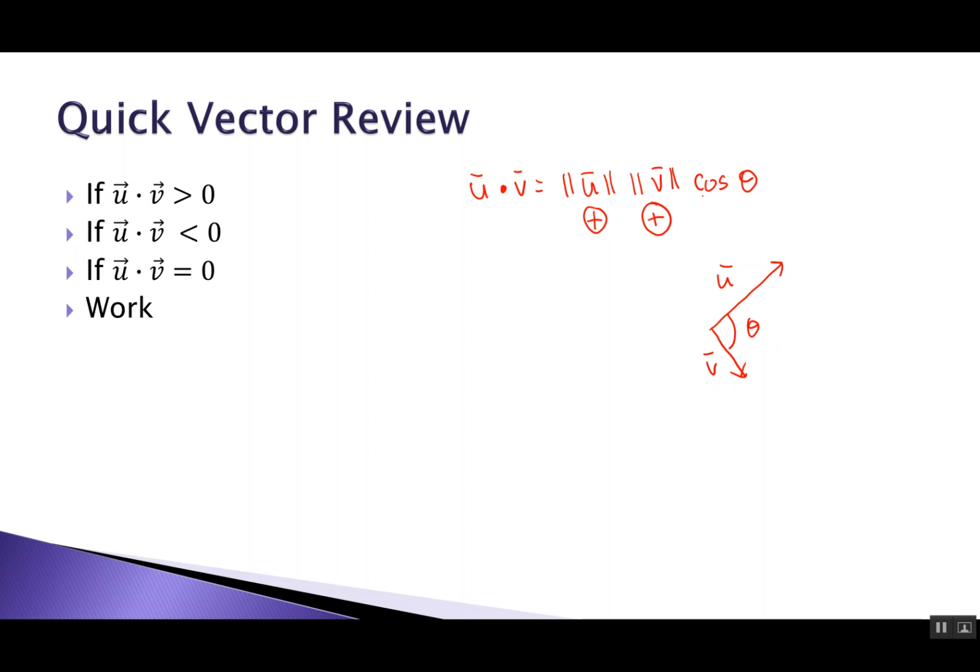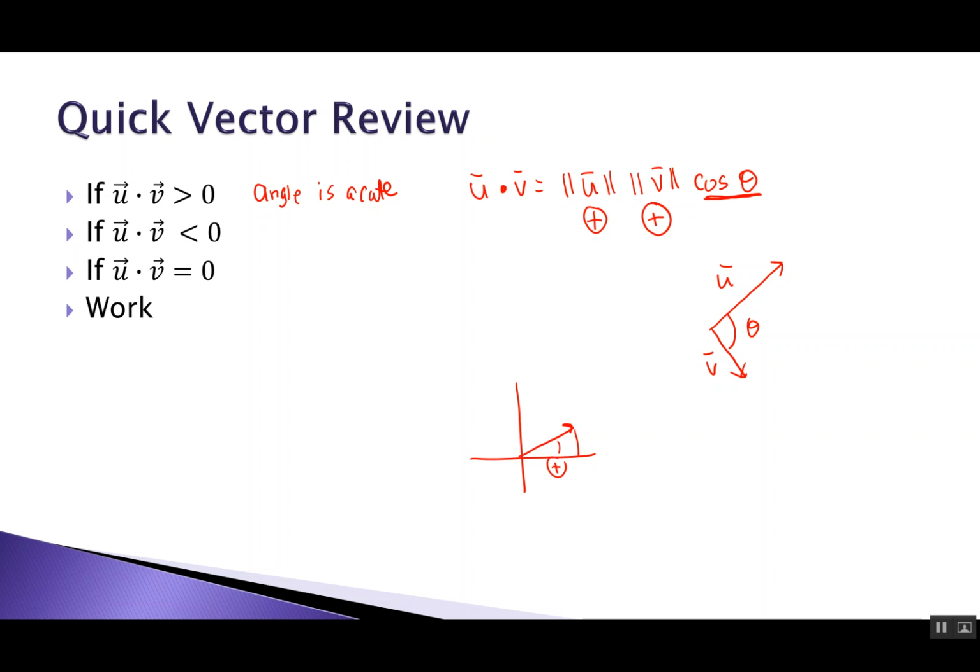So really, if you get a positive or negative result from dotting two vectors, it's all due to the angle between them. If you dot two vectors and get a positive number, that means the angle between them is an acute angle, because if you have an acute angle less than 90 degrees, the cosine will always be a positive number.